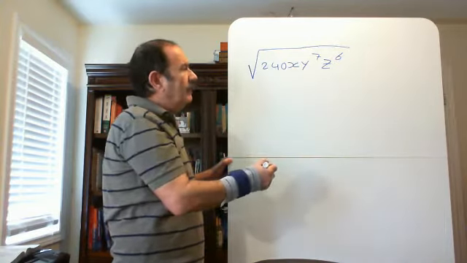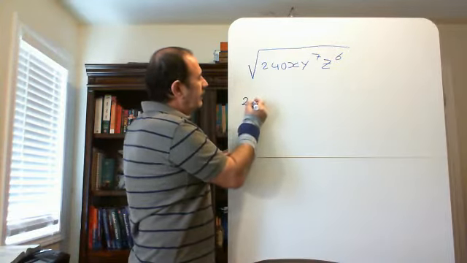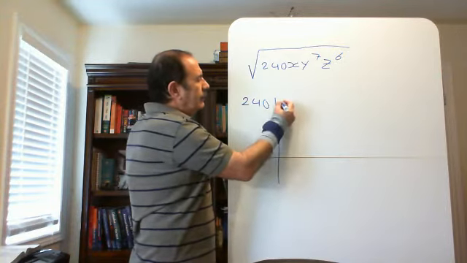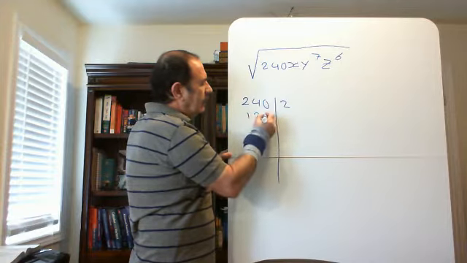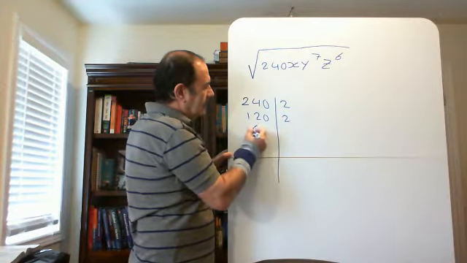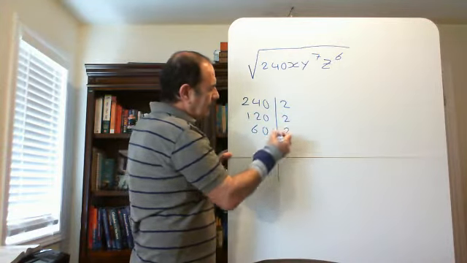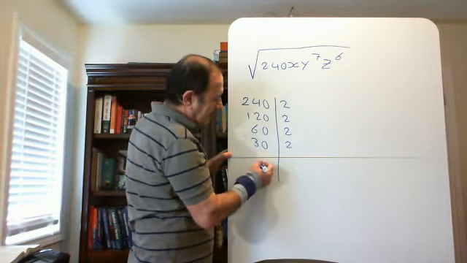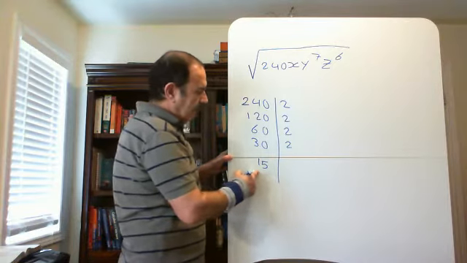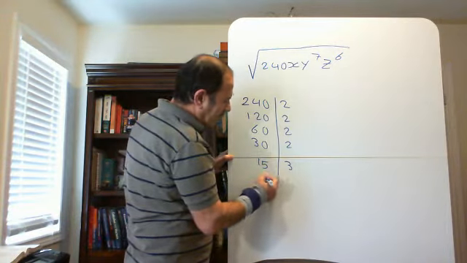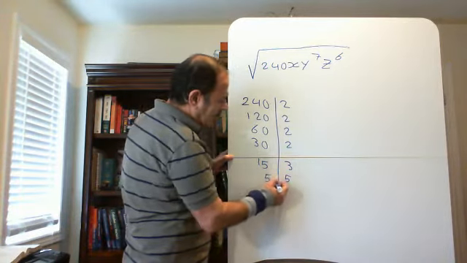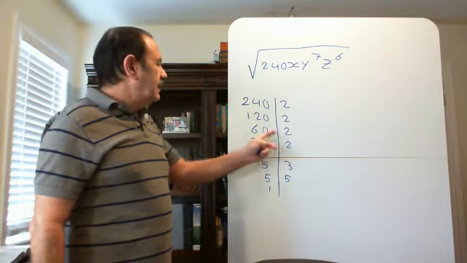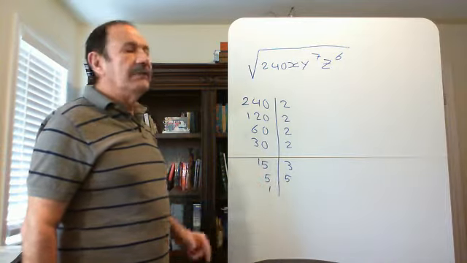Convert them to the prime factors. 240 divided by 2 is 120, by 2 is 60, by 2 is 30, by 2 is 15. 15 doesn't go by 2 anymore, by 3 is 5, and by 5 is 1.